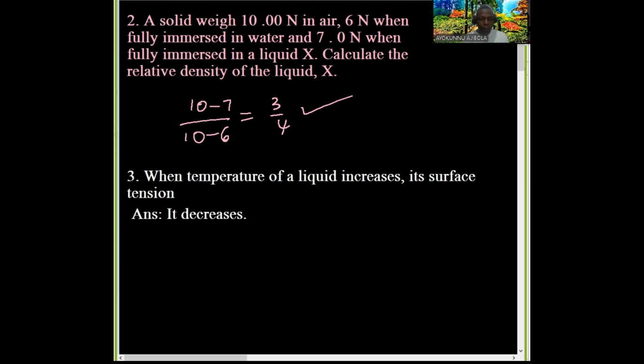Okay, so if the temperature increases, it will break the bonds, then the skin or the force, the surface tension, will become weaker and be reduced. That is why when you boil or heat a substance, it reduces the surface tension of that liquid.